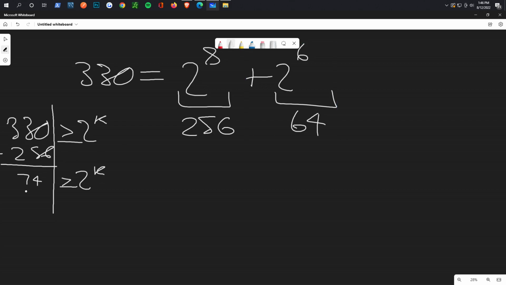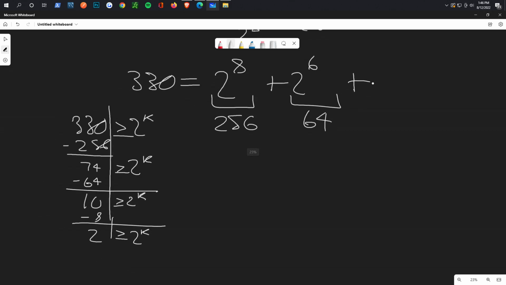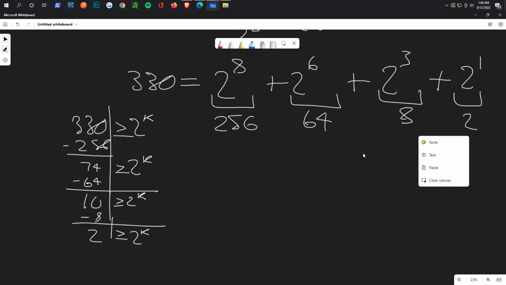And again, subtract that 64, 10. And now from here, the biggest power such that this holds is 8. Subtract that 8, and then we have just 2. And the biggest power such that this holds. So let's just add them in. So 2 to the 3, which is 8, plus 2 to the 1, which is just 2.